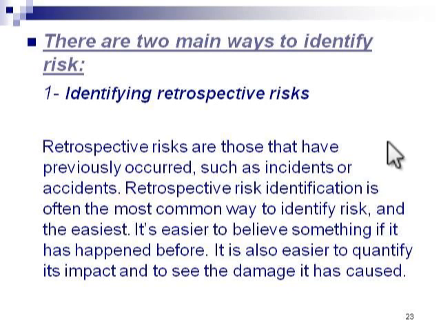Retrospective risk identification is often the most common way to identify a risk and the easiest. It is easier to believe something if it has happened before. It is also easier to quantify its impact and to see what it has caused.